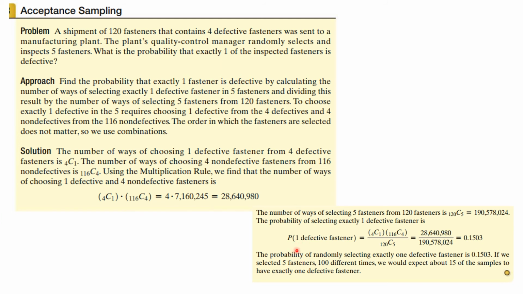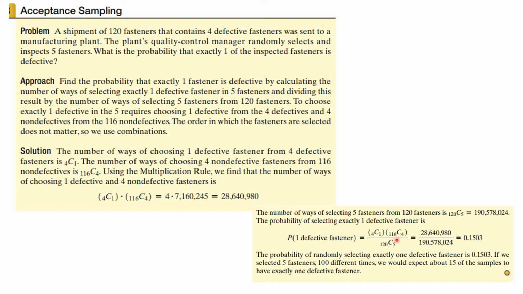So the probability of 1 defective fastener is going to be the number of ways that you can pick that defective fastener. And you see there were 4 defective fasteners. We're picking 1 of them, so that's 4 choose 1. But then, after we've picked exactly the 1 defective fastener, we have to pick all the others and not pick any more of the defective fasteners.